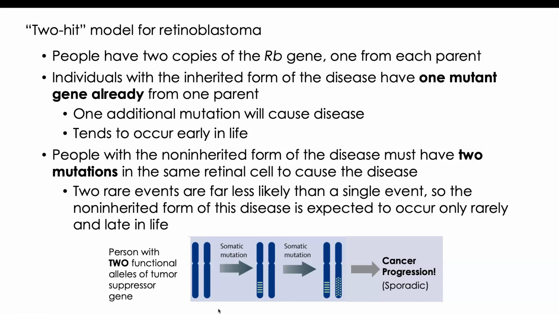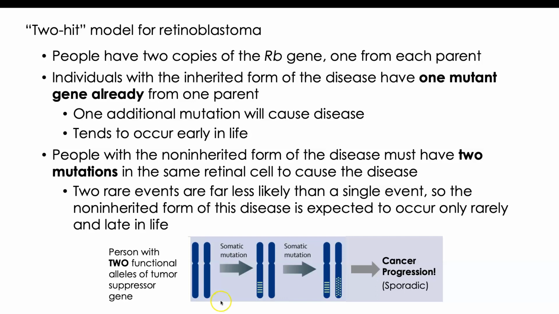You get one copy from your mother and one copy from your father. Individuals with the inherited form of the disease have a mutant gene from one of their parents, but that won't lead to the disease. You have to have the gene broken completely to halt regulation.